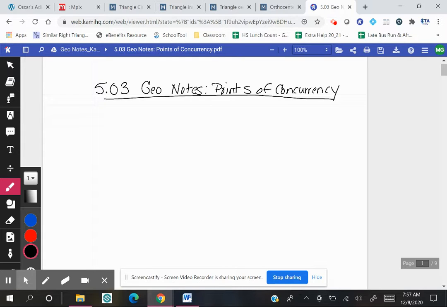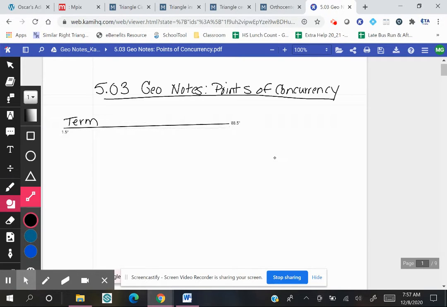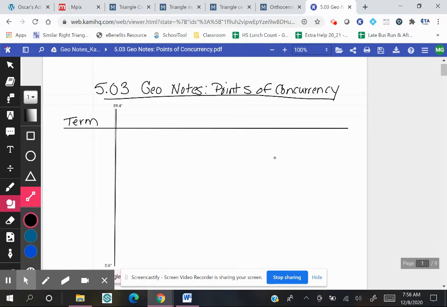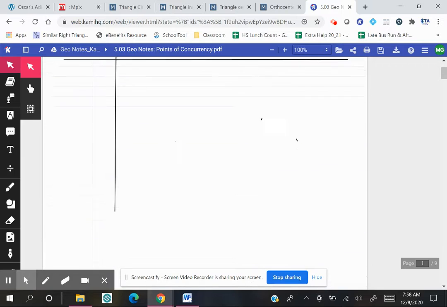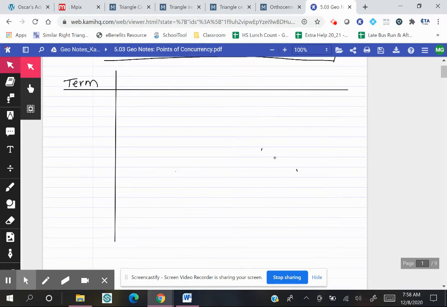So we're going to start off with a table with just our term, and then we're going to draw, just going to make a table here, your term, and then we'll draw a picture.